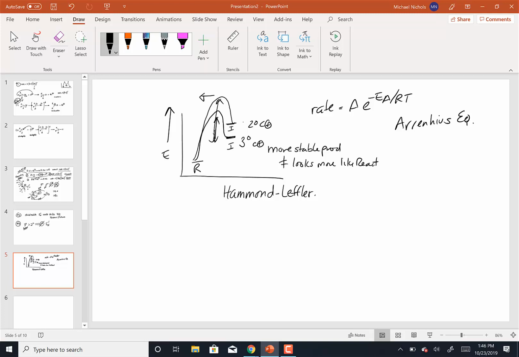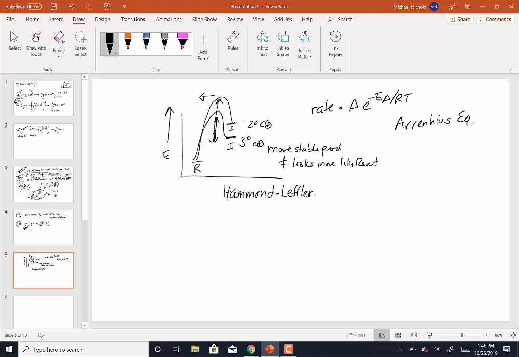And conversely, if you make the product less stable, what happens? The transition state begins to move towards the products. Now, what does that mean?